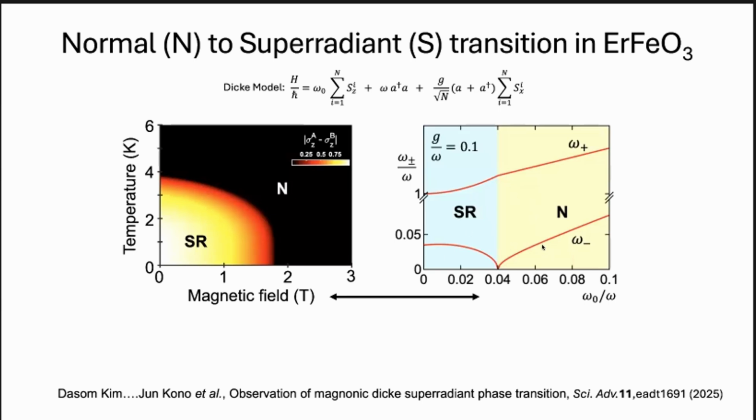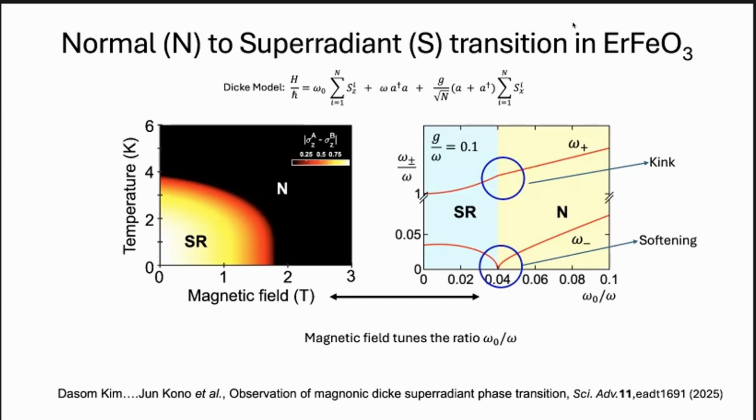These two polariton frequencies are just these two lines. And the nice thing is that as one tunes between the superradiant and the normal phase transition, the lower polariton mode becomes very soft, so there's a mode softening. At the same time, for the upper polariton mode, there appears to be a kink. So this would be the signature for this phase transition within a Dicke-like model.